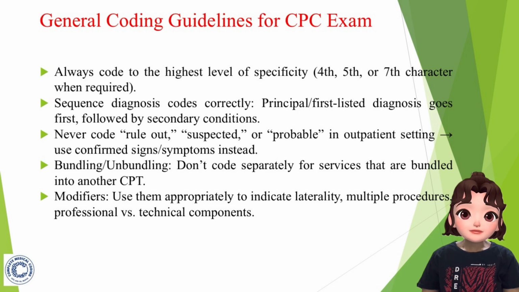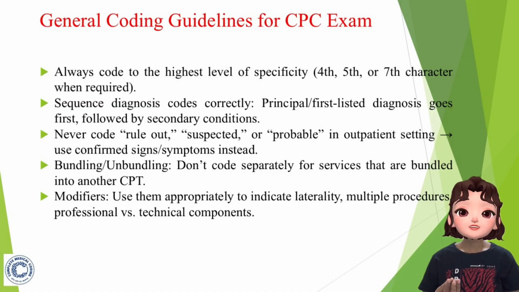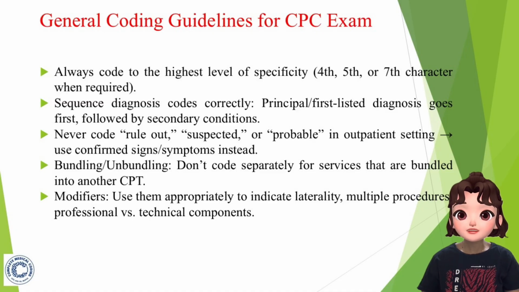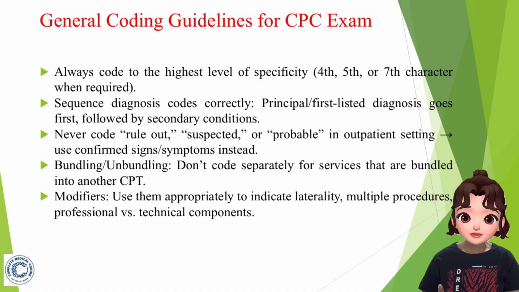Now, bundling and unbundling. Don't code separately for services that are bundled in another CPT. As you all know, there are a few CPT codes, especially panels, that have some common tests in both panels. In that case, you should never code both panels together. Examples are the renal function test and the liver function test. You should not code these two panels together.